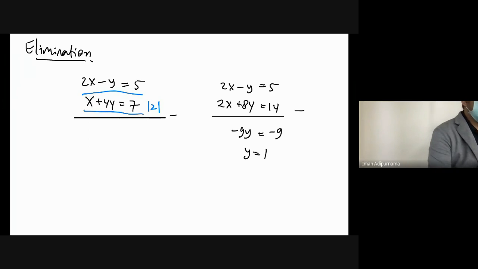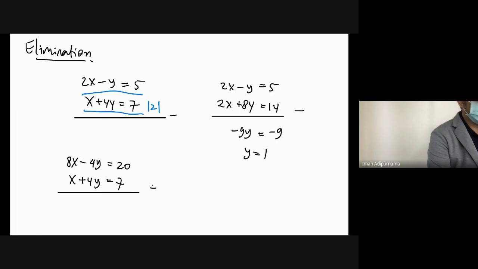We can also multiply by 4, so 8x minus 4y equals 20, and x plus 4y equals 7, but we just add these. So 9x is 27, so x is equal to 3.